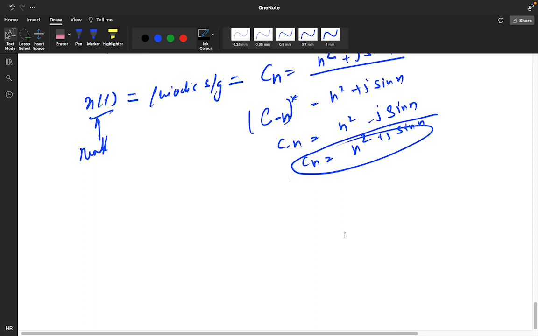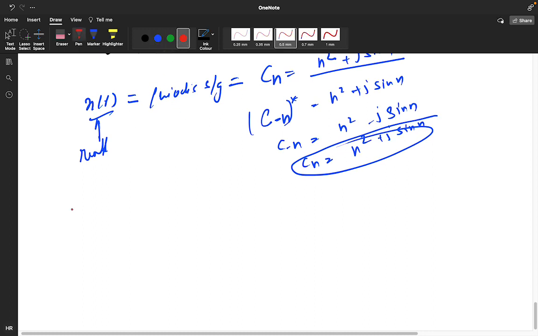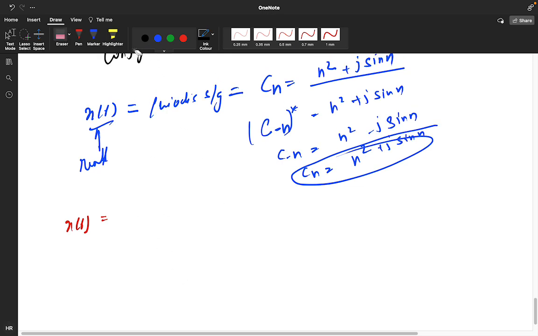Okay, now suppose you have an x of t signal, that is summation from minus infinity to infinity c n e power j n omega naught t.